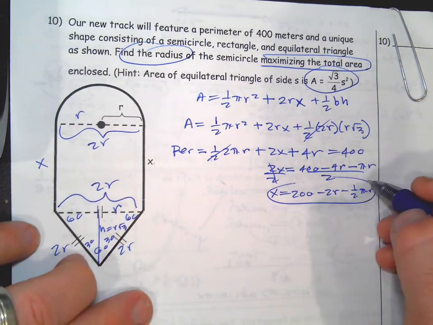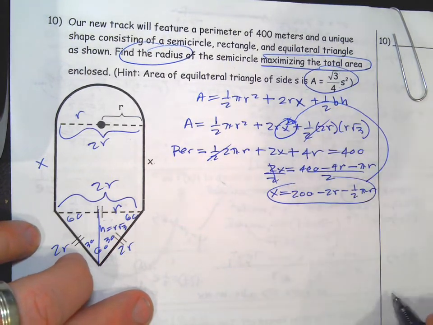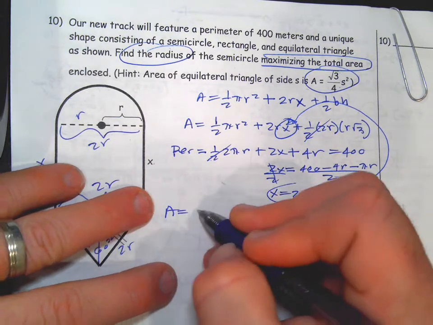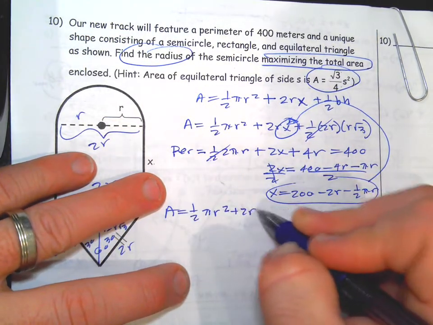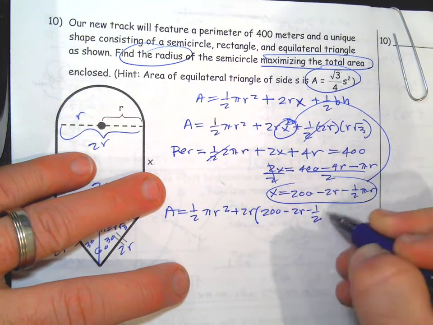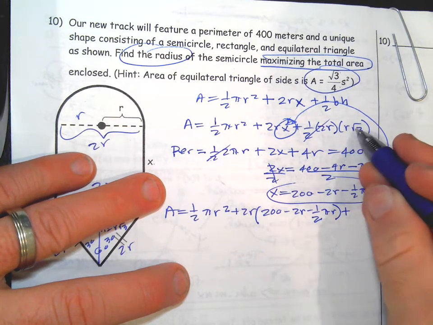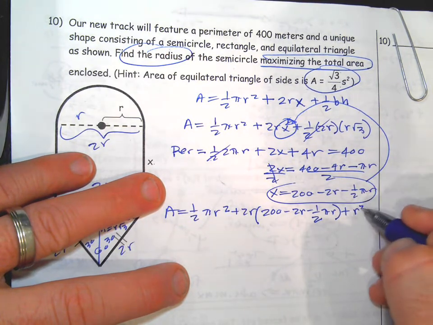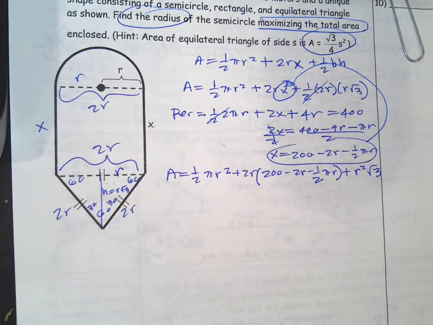So then we can plug that in for the x's right here. Our area formula now is 1/2 pi r squared plus 2r times (200 minus 2r minus 1/2 pi r), plus r squared root 3. This is ugly.